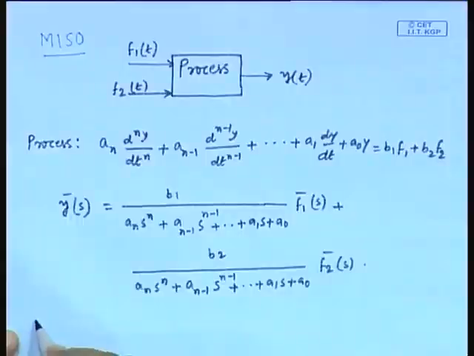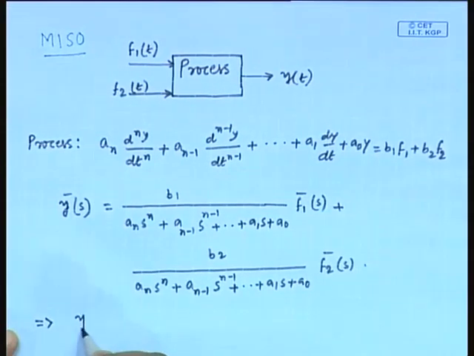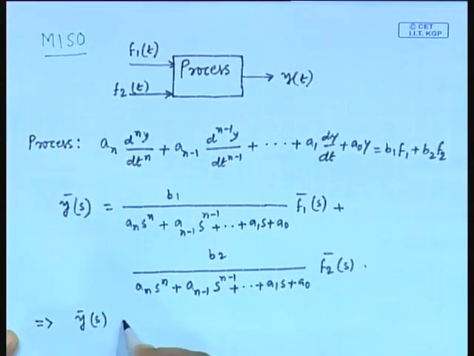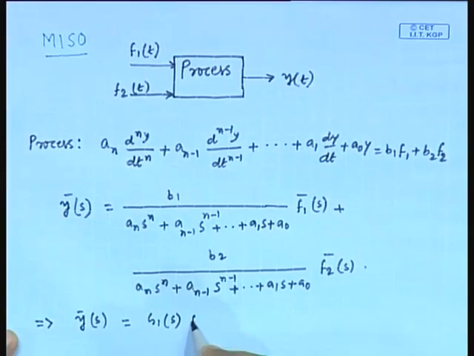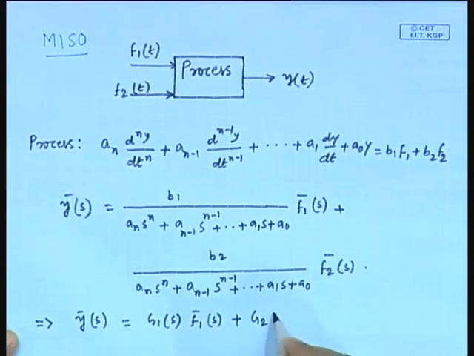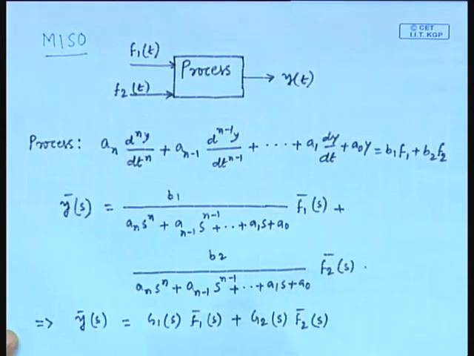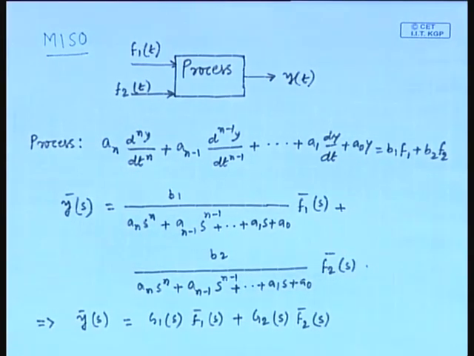So, we can write this equation in this form: y bar(s) equals G_1(s) f_1 bar(s) plus G_2(s) f_2 bar(s).